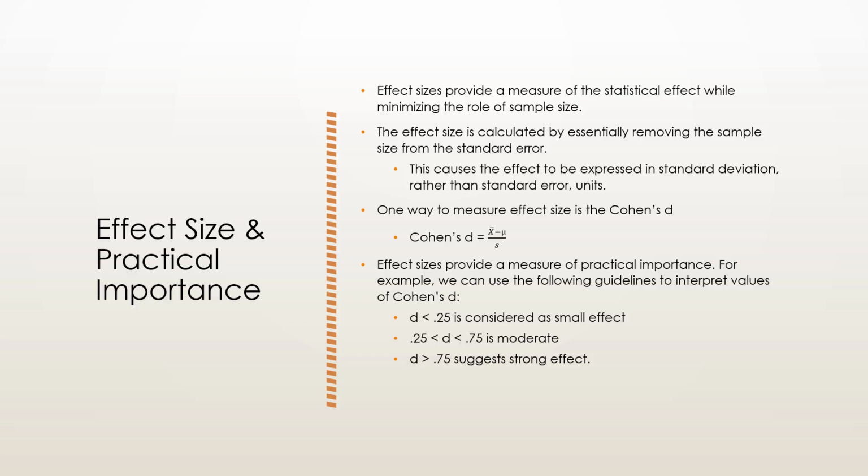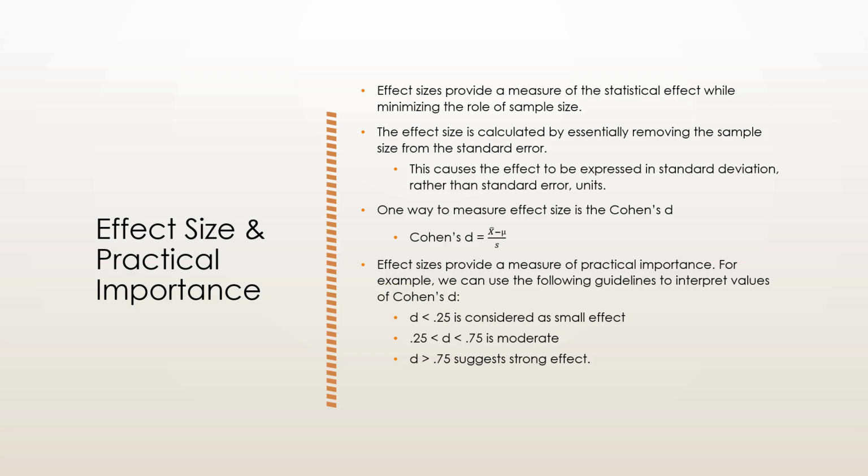Interpretation guidelines for Cohen's d are that if d is less than 0.25, it indicates small effect. If d is between 0.25 and 0.75, it indicates moderate effects. When d is greater than 0.75, the effect size is considered strong.